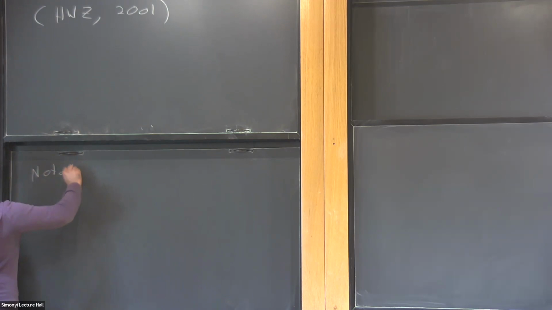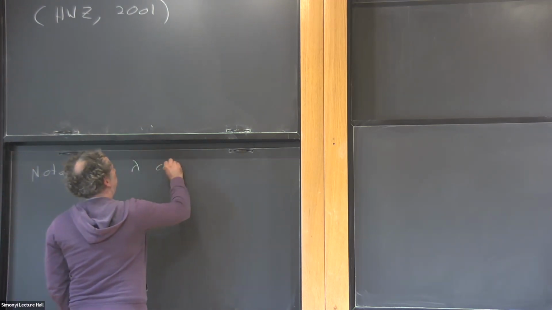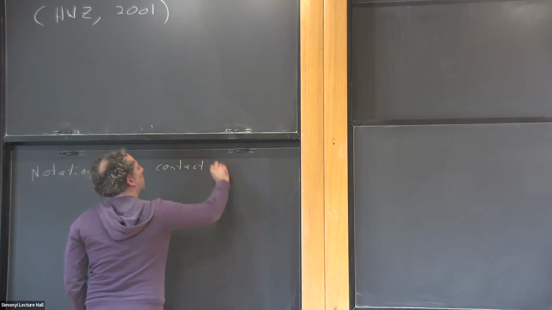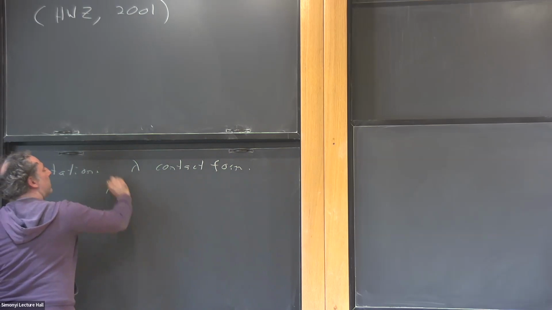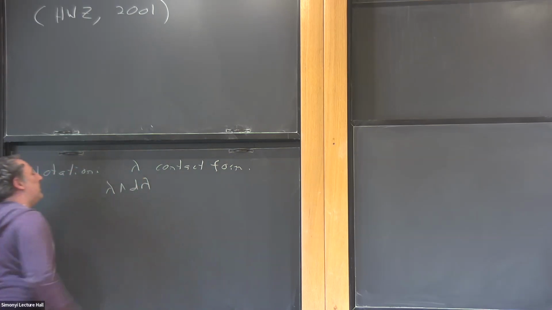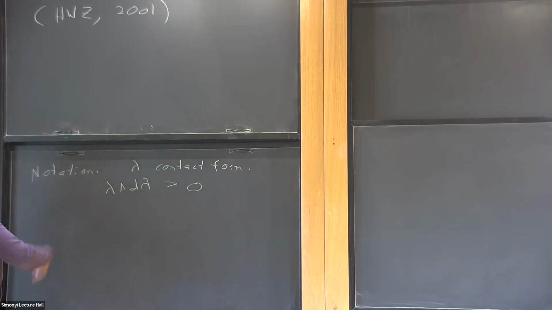I mean, I think everyone here actually knows all this, but it's good to just fix some notation. Lambda is going to be a contact form on a 3-manifold. So yes, I'm in dimension 3. So this means that lambda wedge d lambda is positive. I'm only interested in oriented manifolds here.